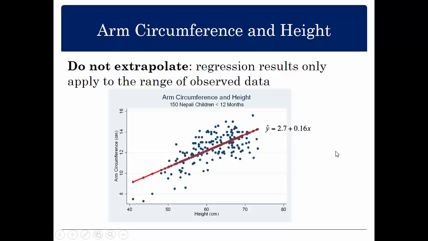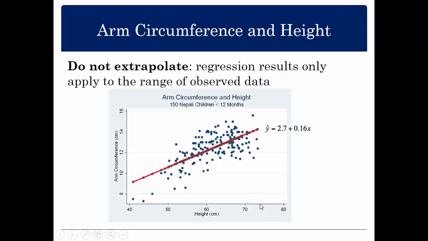One of the problems with regression is trying to extrapolate. So if I was going to try to make predictions or estimations using this line, I have to limit those predictions and estimations to where I actually observed data. For instance, the minimum value of x is close to 40, the maximum value of x is close to 75.